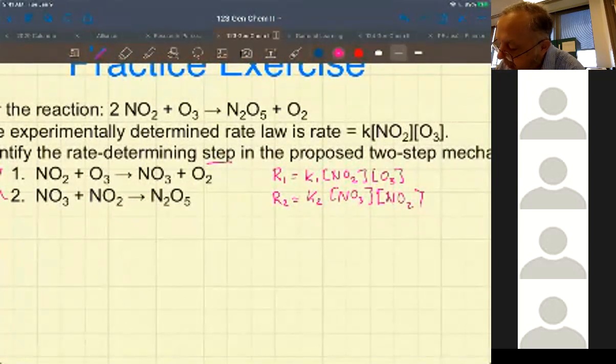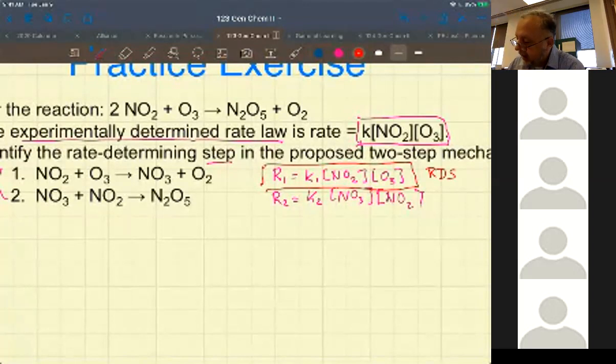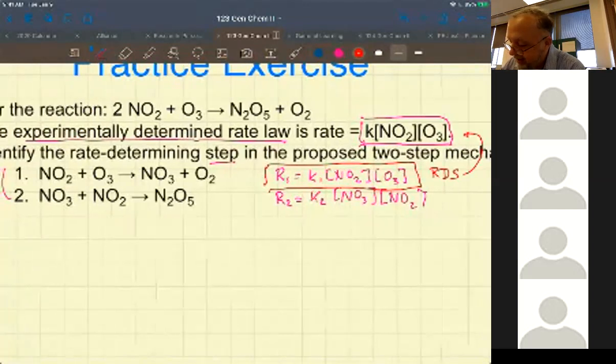So now I'm going to compare these rates with the overall rate. The experimentally determined rate law is this one here, k concentration of NO2 and O3, and I can see that this is exactly this one here. So that means that rate 1 is the rate determining step, and that is going to determine how fast the reaction is.